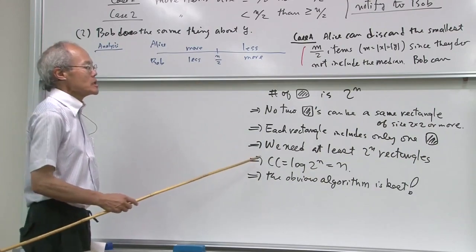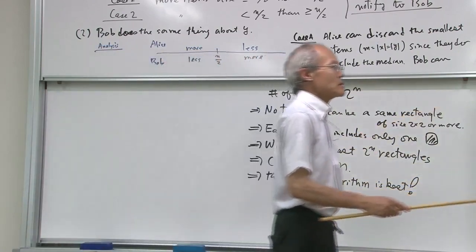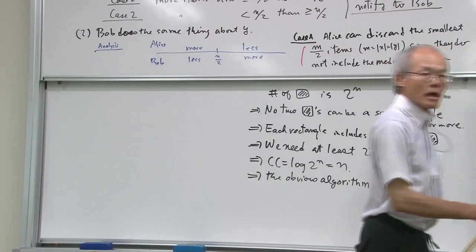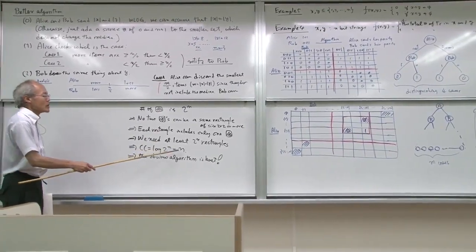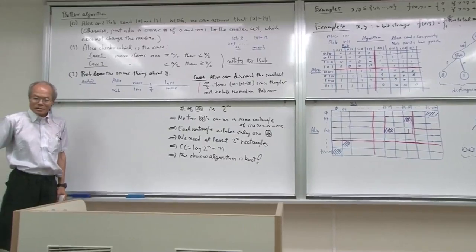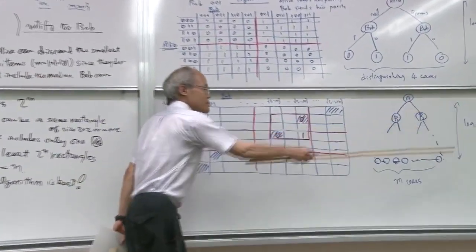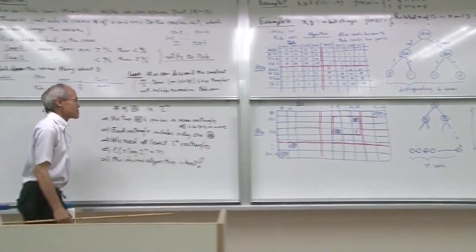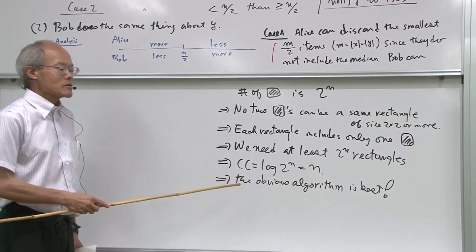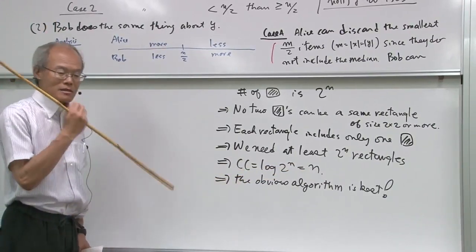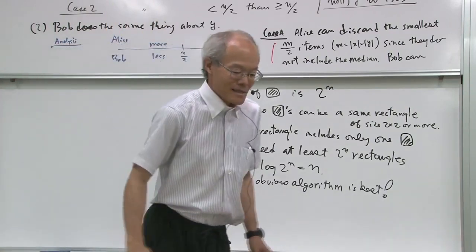That means we need at least 2 to the n rectangles, and by this argument, we need log of 2 to the n, which is equal to n communication bits, or depth n. So communication complexity is n. That is exactly the same as the obvious algorithm, just sending everything. Good.